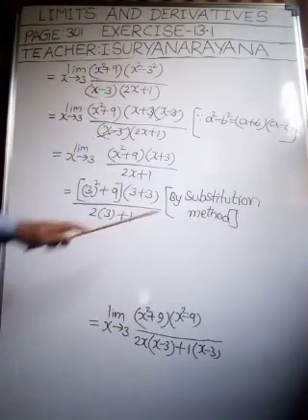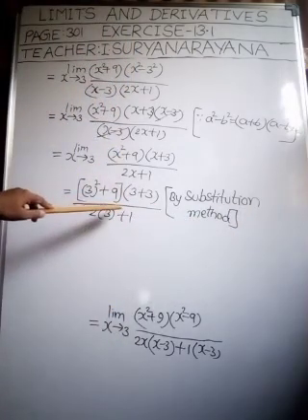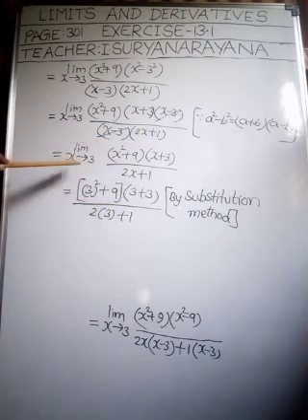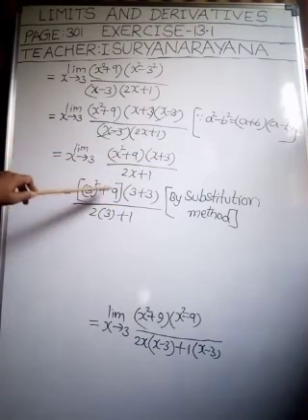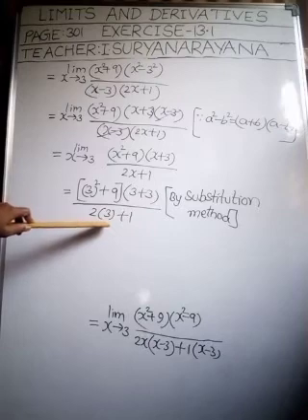By the substitution method, we got this step. Understood this step, my children? In this function, I substituted x is equal to 3. Then we got this step. Okay, my children, understood? Right.